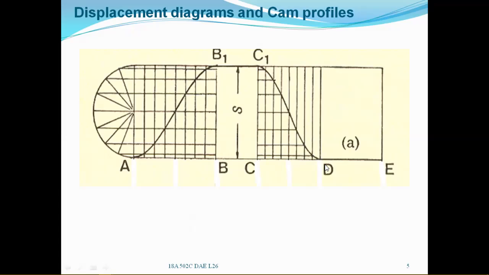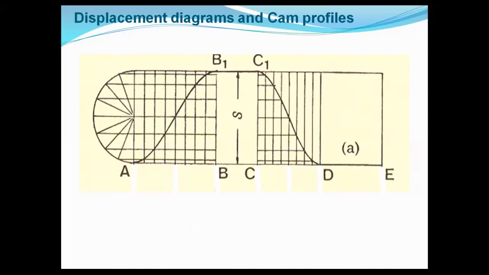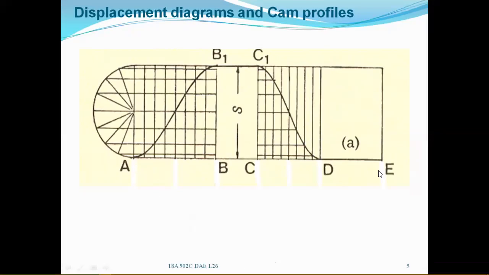So from C to D will be the return stroke or instroke or also angle of fall or angle of descent we can call, and D to E will be the dwell period. So here these are the 4 stages, and all these 4 stages together constitute one revolution, that is 360 degrees of rotation of cam. So from A to E, it is 360 degrees.